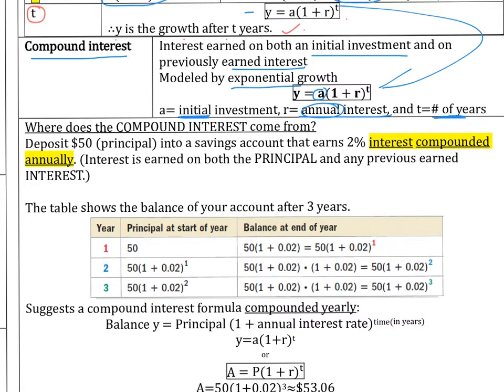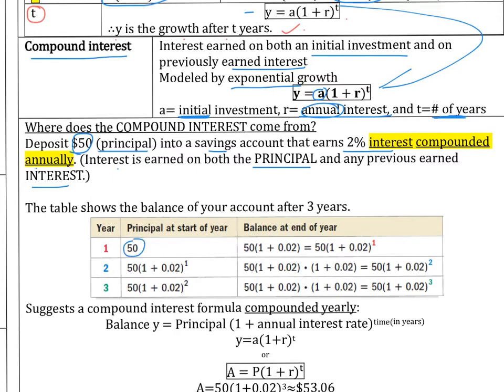So where does this compound interest come from? Let's say I deposit $50, the principal, the beginning amount, into a savings account that earns 2% interest compounded annually. This just means interest that's earned on both the principal and any previously earned interest. So this table shows the balance of your account after 3 years.